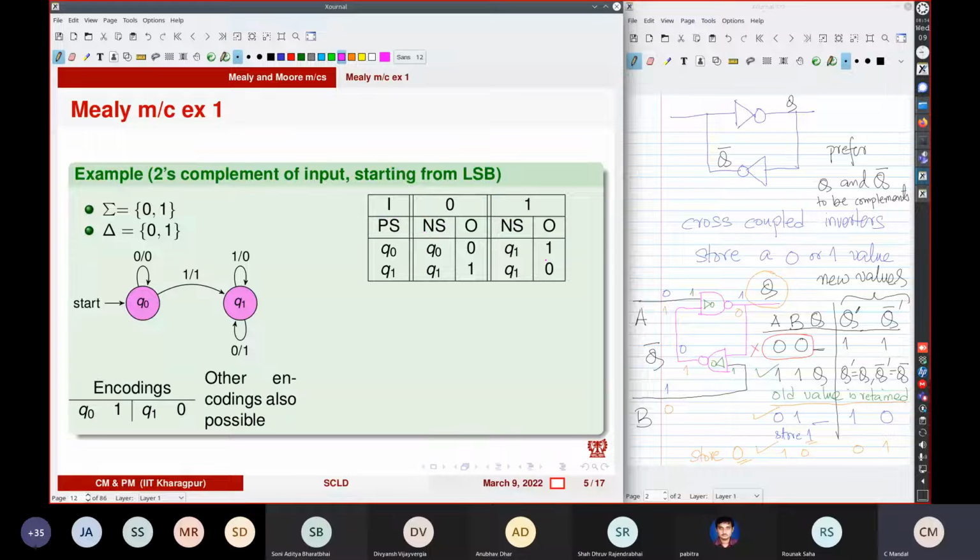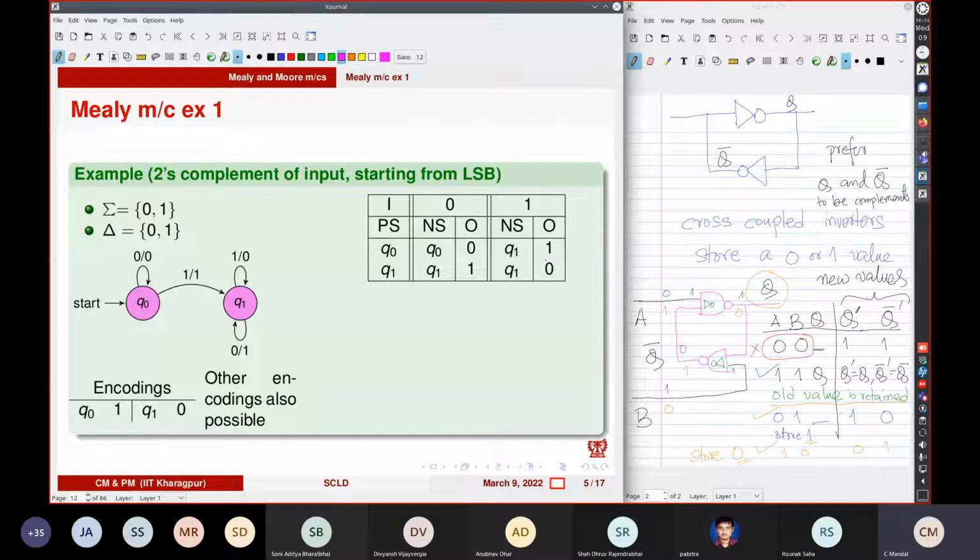So these are called encoding. What we are doing is encoding the state. So Q0 and Q1 are symbolic states, but when you want to implement it, you have to encode the symbols with certain values. Since there are only two states, you can distinguish between those two states with a single bit.